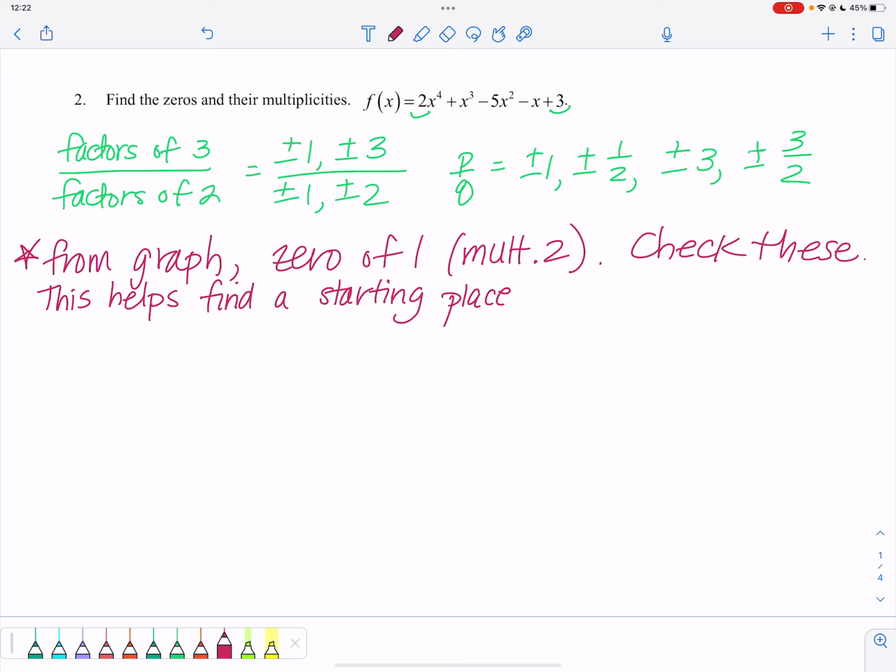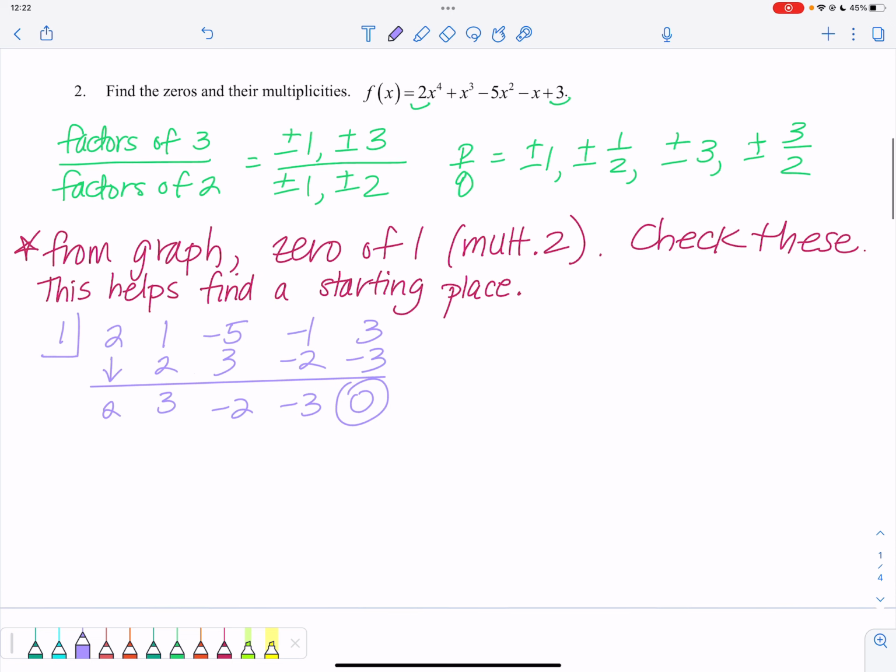Okay, so we are going to put 1 in the box, and with synthetic division, we have 2, 1, -5, -1, and 3. And we're going to go ahead and drop that 2. And sure enough, 1 is a zero.